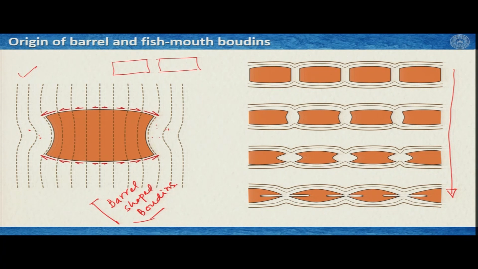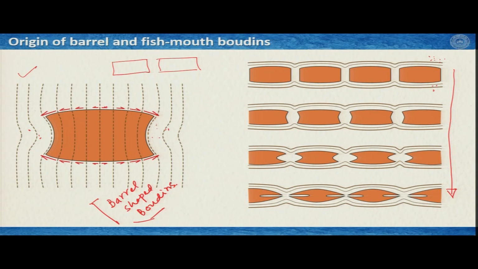Now, the Boudins are more competent than the host rock, this is what we have learnt. So, they deform more slowly than the surroundings. The matrix outside deforms faster than this. And if that happens, then you develop a shear strain at the longer edges of the Boudins, as represented here. You see that you have a shear strain, and not only that, there is a gradient of the shear strain as well.